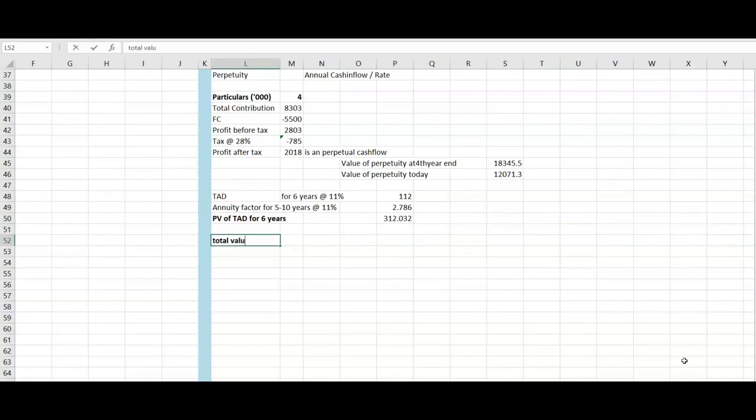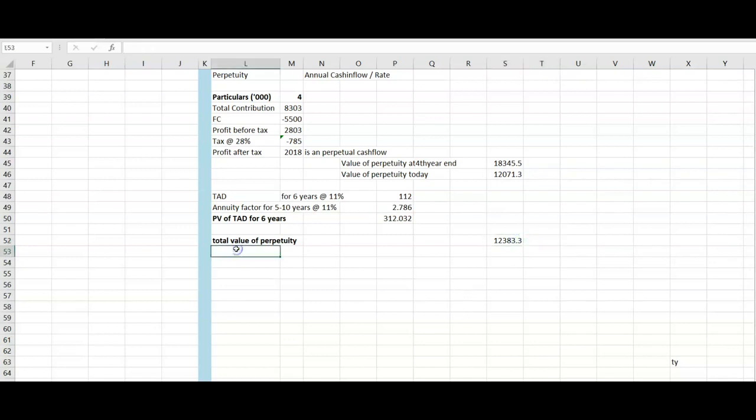In this perpetuity we are going to get two values. One is this number, and two is the tax allowable depreciation for 6 years, both together. So this would be our total value of perpetuity.